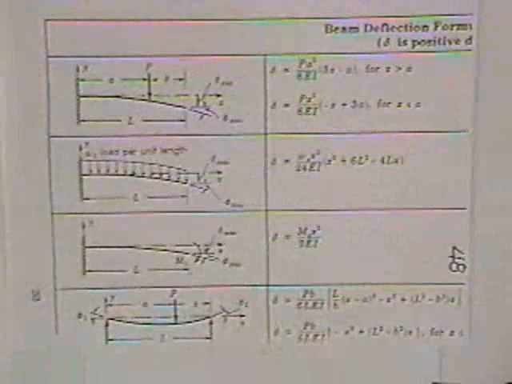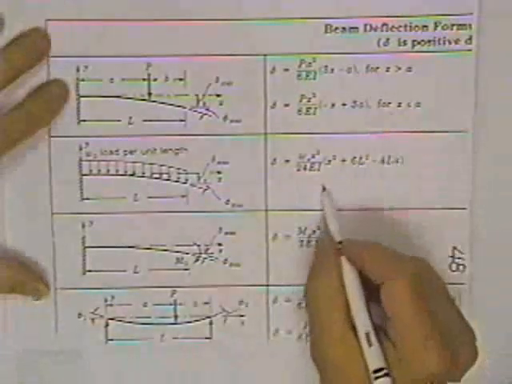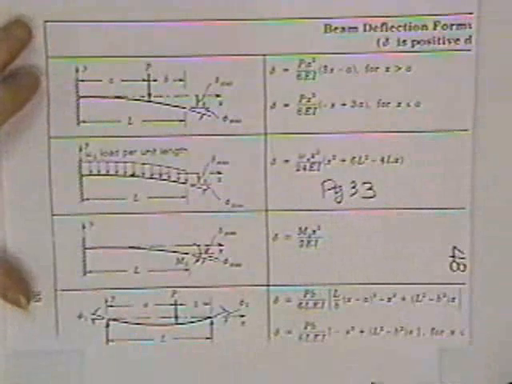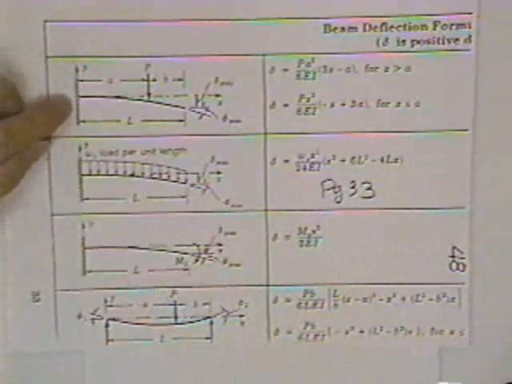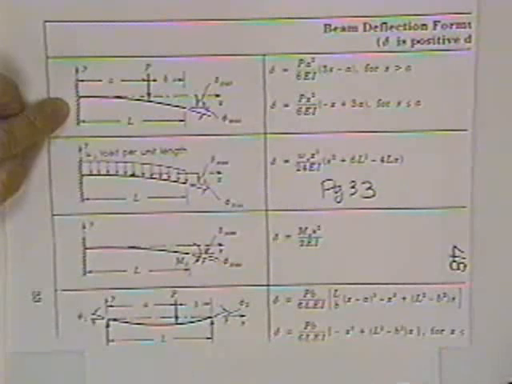These are in your book on page 33. And they are deflection equations. For instance, if you have a beam which is fixed on the left-hand end or on the right-hand end, they probably turn it around backwards to see if they can mess you up.